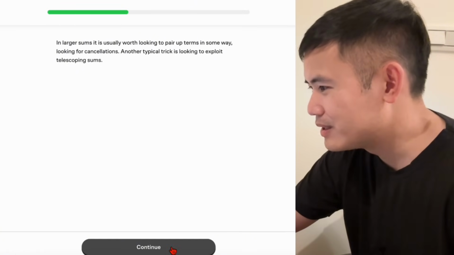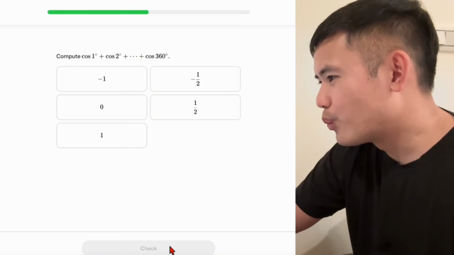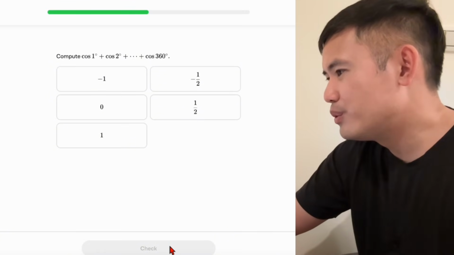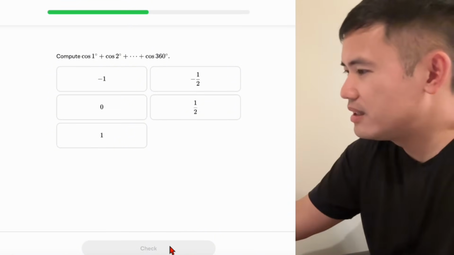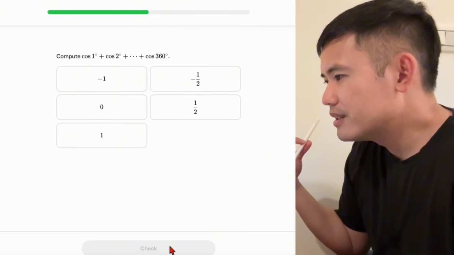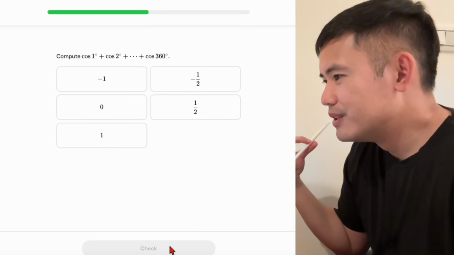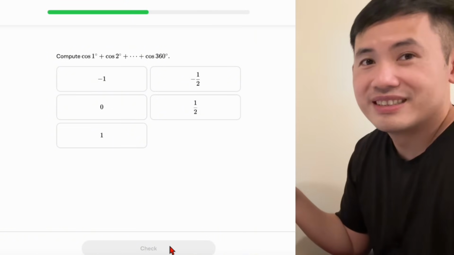All right, so let's see what we have next. Okay, we're going to compute cosine 1 degree plus cosine 2 degrees up to cosine of 360 degrees. There must be an easier way to do this, right?